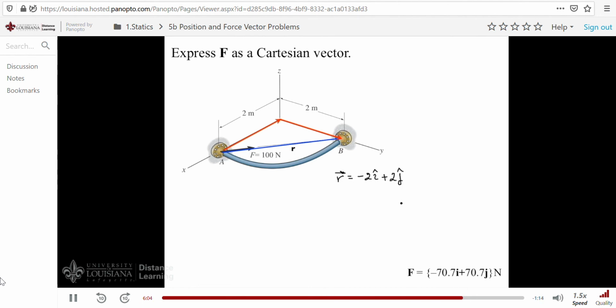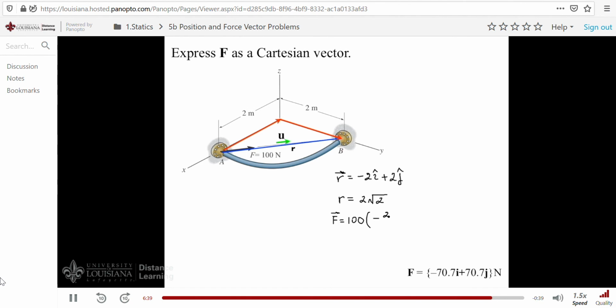There we go. Now we need its magnitude, don't we? You know what that would be? It's the square root of 8, isn't it? I'll write it as 2 times the square root of 2, which is really the same thing. Now I'm ready to produce the force. F has a magnitude which is equal to 100 newtons. And it has a direction defined by the unit vector, shown here, to be equal to what?